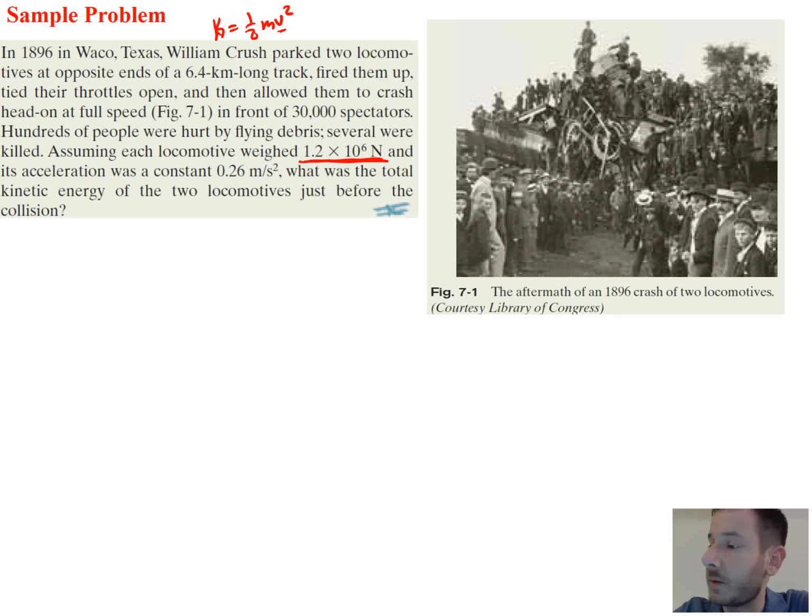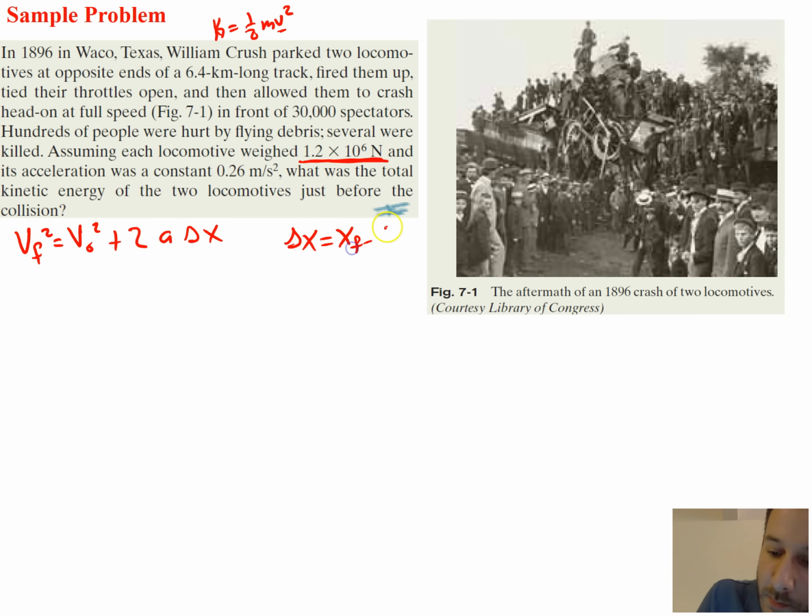Going back to our previous chapter, the one that's going to be useful is vf squared equals v naught squared plus 2a times delta x. And just a reminder, delta x is final minus initial, so that's our change in displacement.